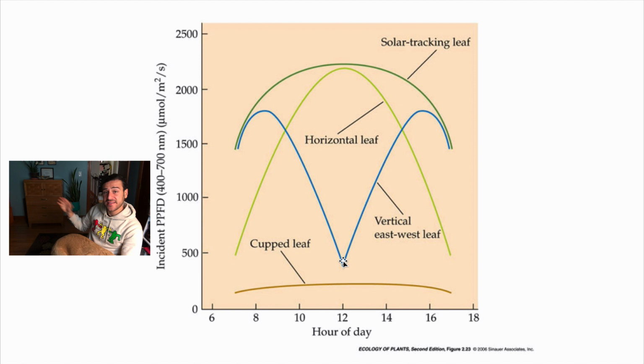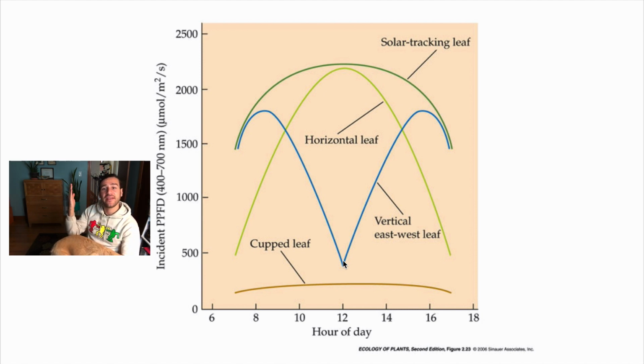So this is an adaptation you see throughout these biomes: in deserts, you have leaves that stick straight up, because at 12, that sun is so intense, and if the leaf was horizontal, right, the leaf would heat up so much, proteins would denature, and the plant would die.